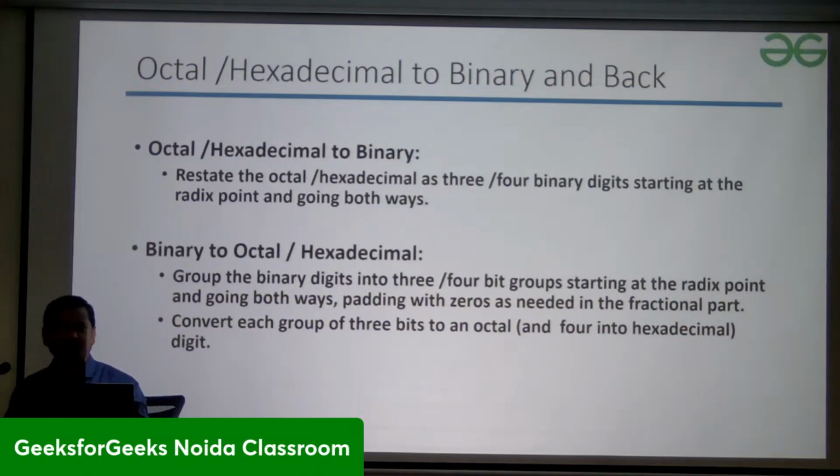So by the same mechanism, we can follow the conversion from octal or hexadecimal to binary, or from binary to octal or hexadecimal. We can convert binary into decimal, and then from decimal to octal or hexadecimal. That is one traditional way.